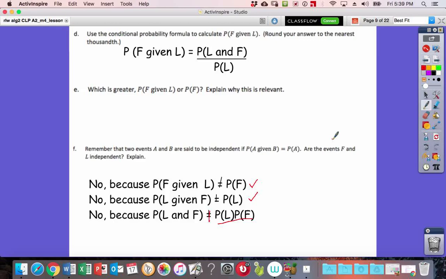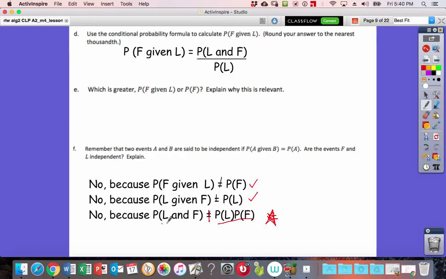And that's what we did before on another lesson. But this part down here is a really important one, because that's going to give us, you can think of, a new rule. If you want to know the probability of L and F, it's the probability of L times the probability of F. And you know now that they are independent.